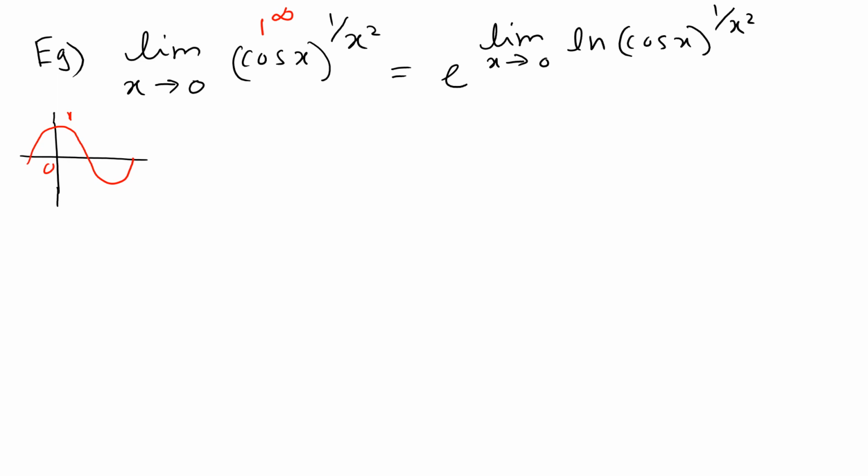Because of e to the ln, and then you can bring the limit inside. Now you're going to bring the power term in front. So you can write this one as e to the limit x goes to 0 of 1 over x squared times ln cosine x.